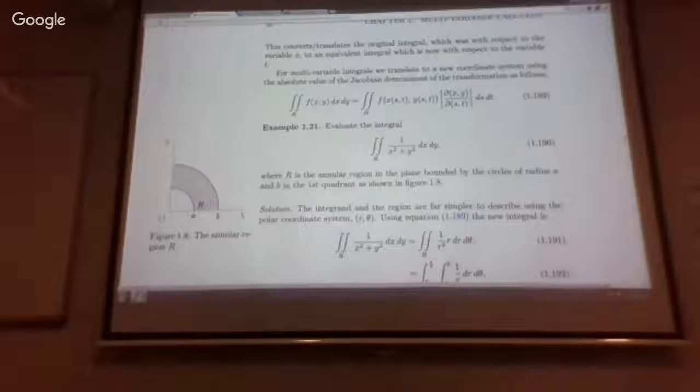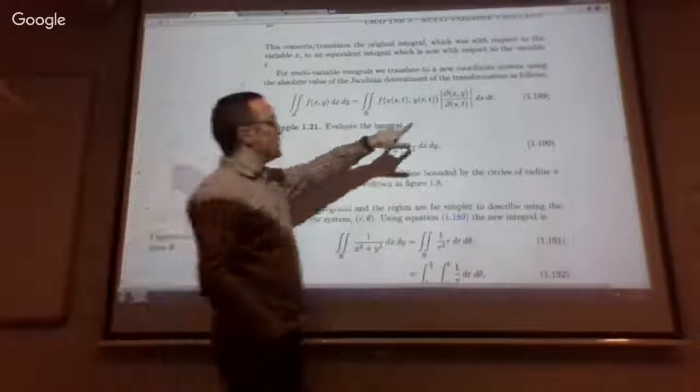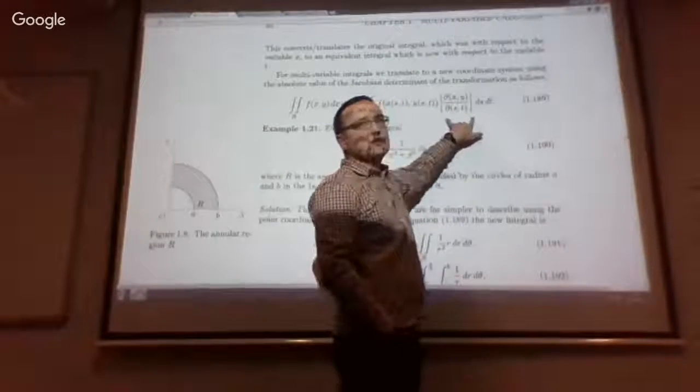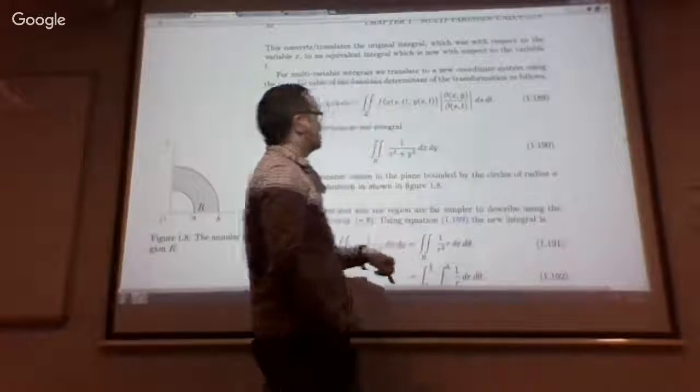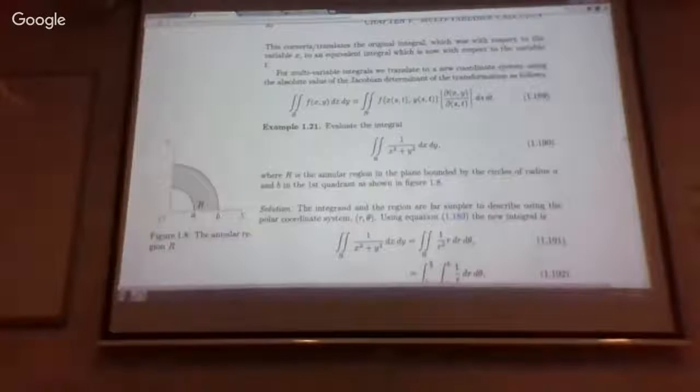Then we also need the introduction of an extra term. And this extra term is the analogous thing to this derivative dx dt in the one variable case. But in the multivariable case, the appropriate thing here is the absolute value of the Jacobian determinant, that we looked at last time.